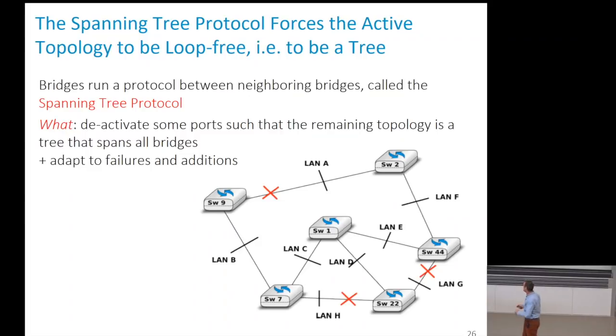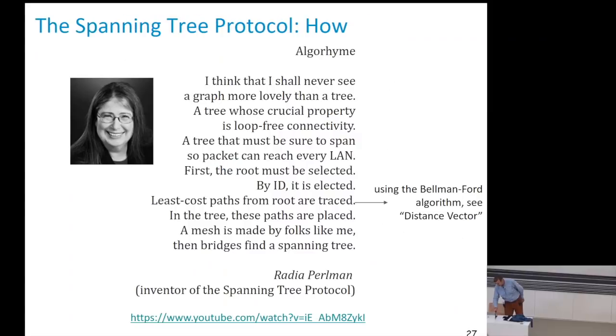So the bridges, by default, the ones you buy at Migros or other shops, will do what is called the spanning tree protocol. A spanning tree is a tree that spans all nodes. It's a graph theoretic concept. A spanning tree is a tree, a subgraph that visits all the nodes. And hopefully is fully connected.